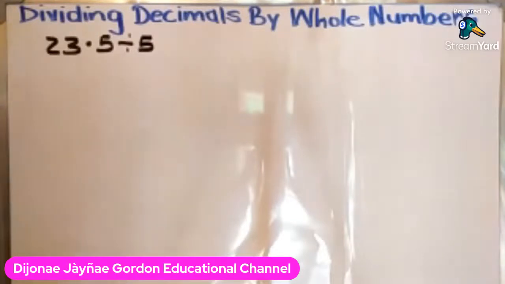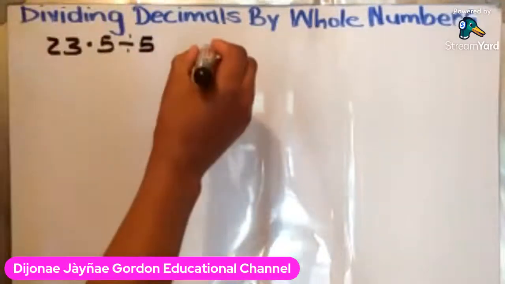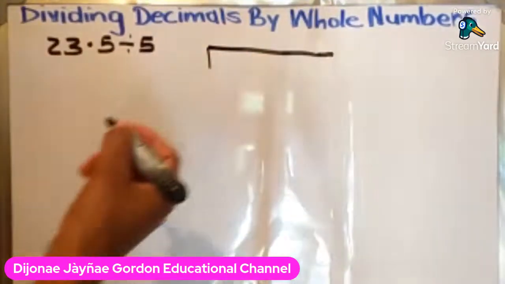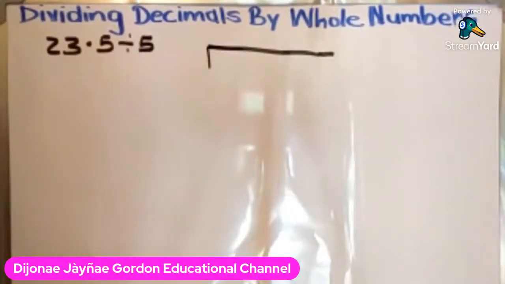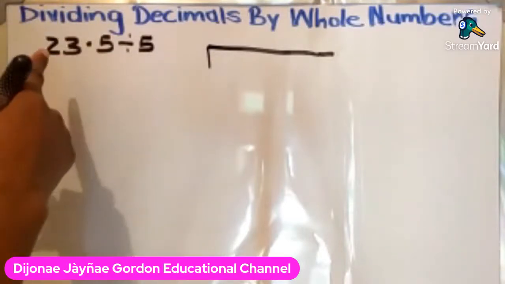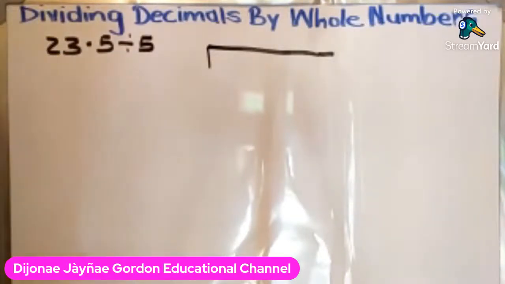The first thing we have to do is to make sure we set our problem out. So let's go ahead and set this problem out. In a division, you have a quotient, you have a remainder in some cases, you also have the dividend, and of course, we have the divisor.